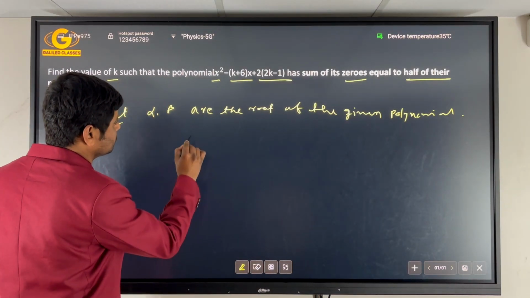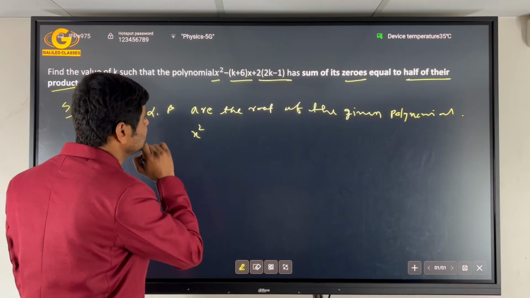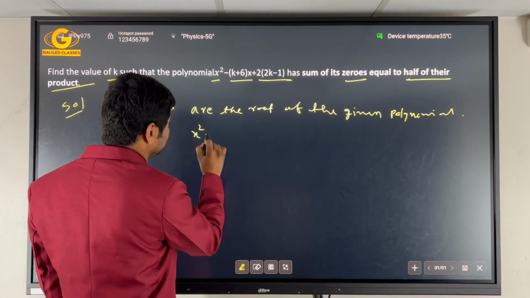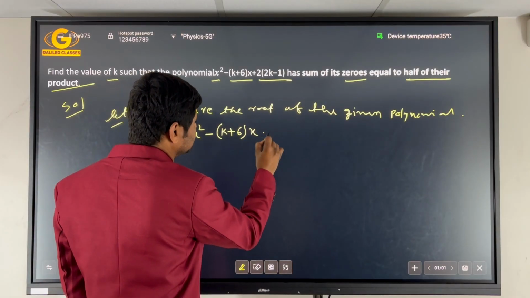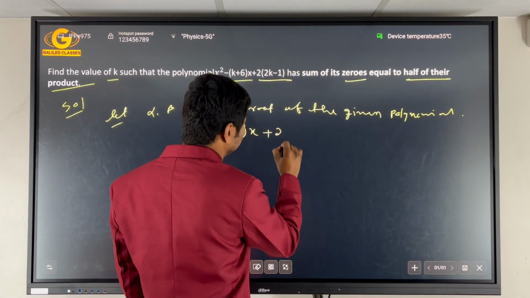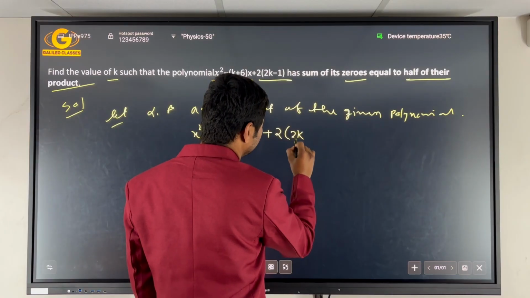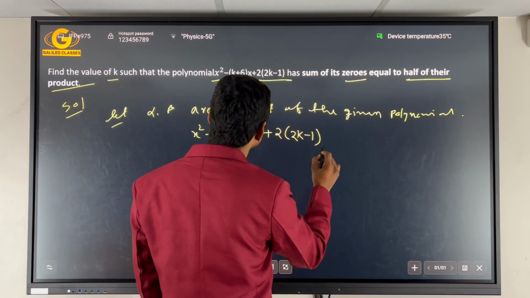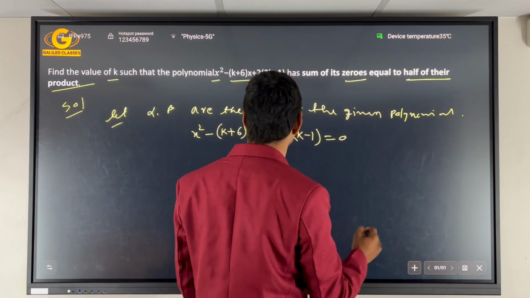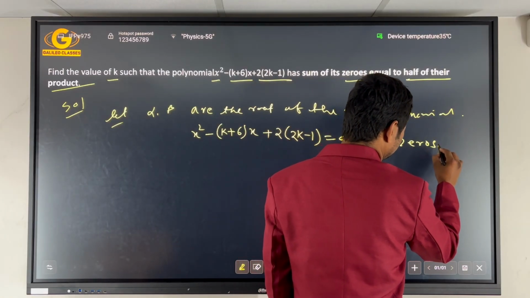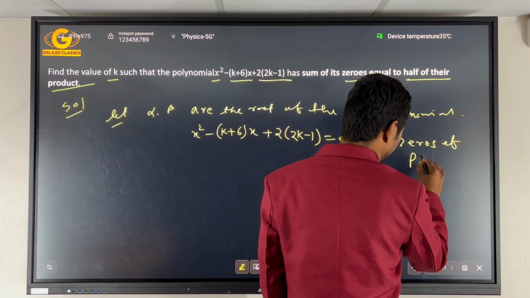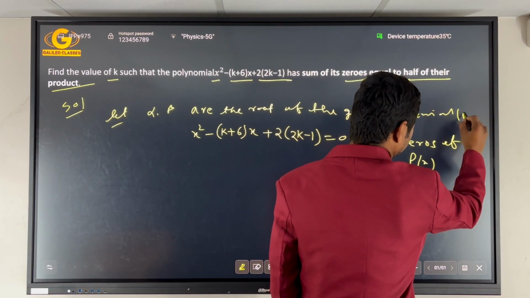Therefore, writing the equation again in standard form: x square minus (k plus 6) into x plus 2 into (2k minus 1) is equal to 0 for zeros of p of x polynomial.